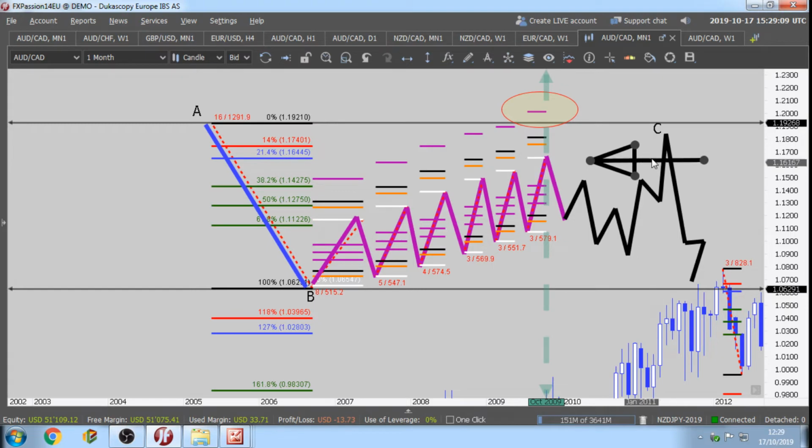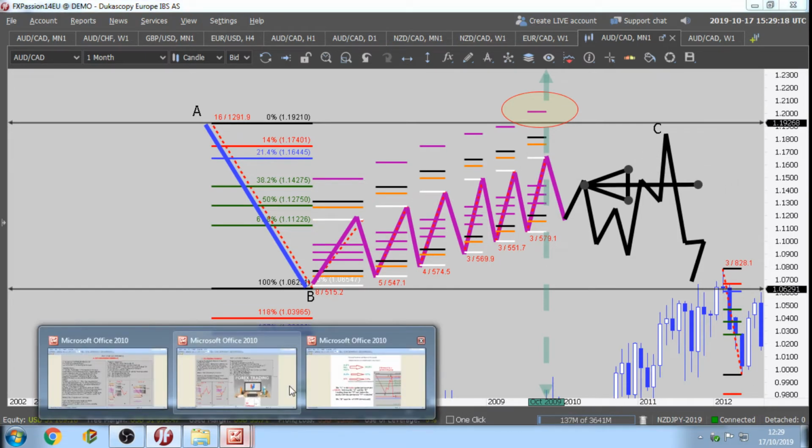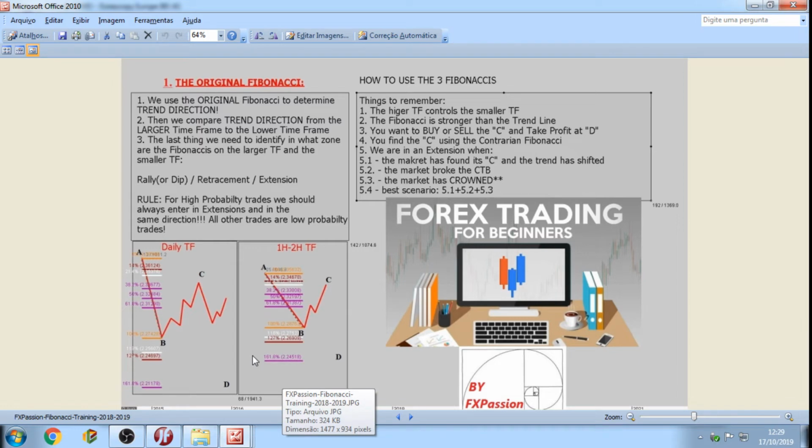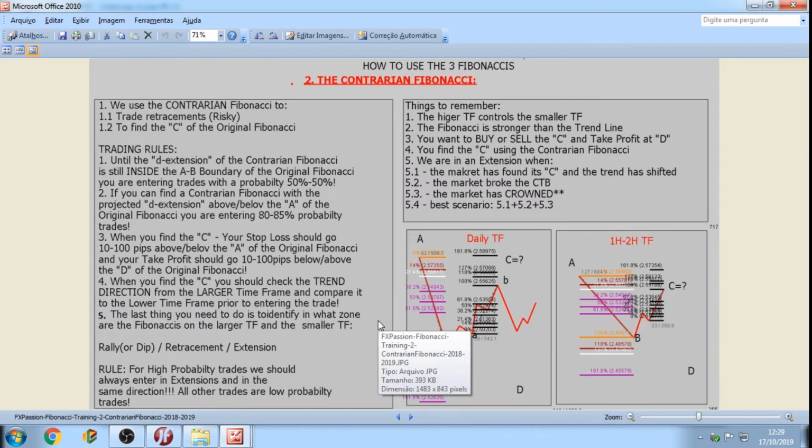It's not easy to understand. It's not easy to comprehend. It's not easy to master. How to master the rules of the original Fibonacci, then you need to mix with the rules of the Contrarian Fibonacci, and then comes the Fibonacci of the confirmation in about a week or two.